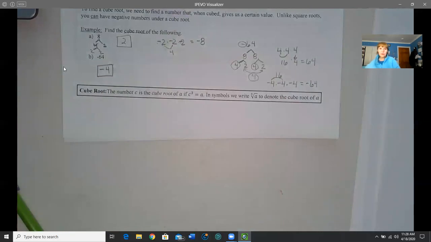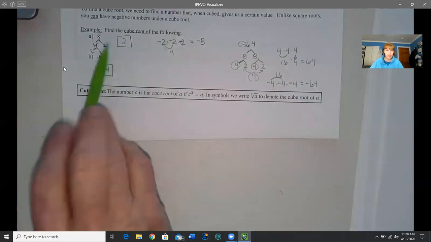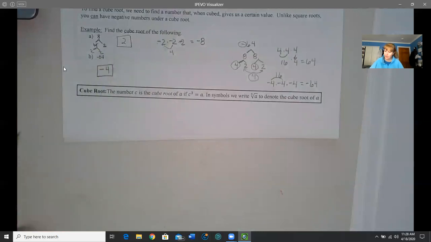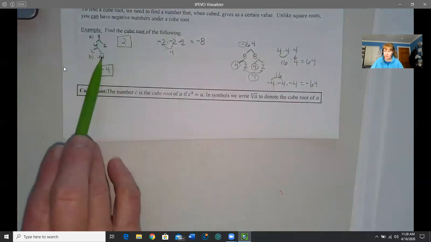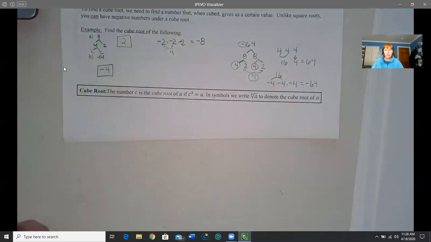So you can have negatives with cube roots, and you just get one answer now. When you're finding these cube roots, if it's positive, your answer is positive. If it's negative, your answer is negative. But rather than finding 2 of something, as with a square root, you need to find 3 of something multiplied together that gives you that number.